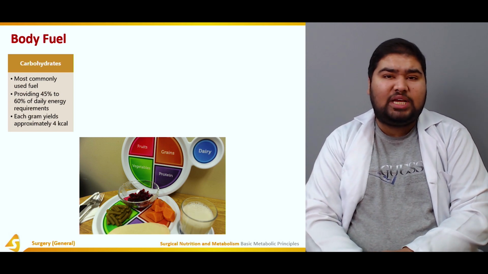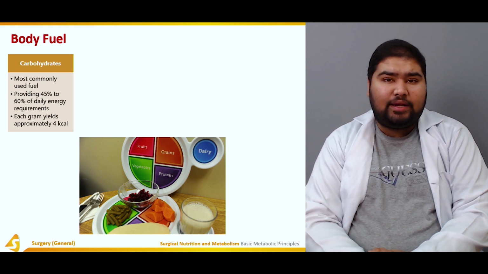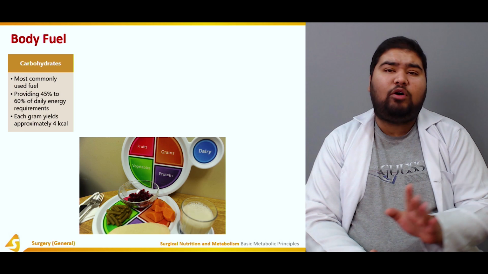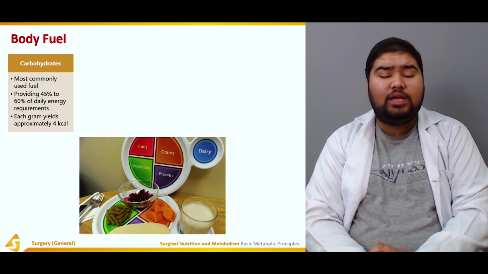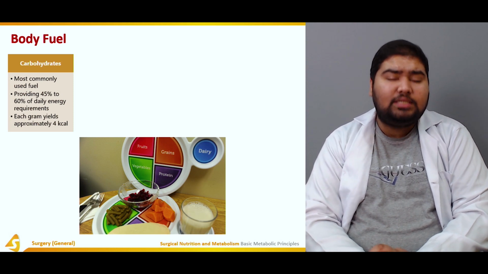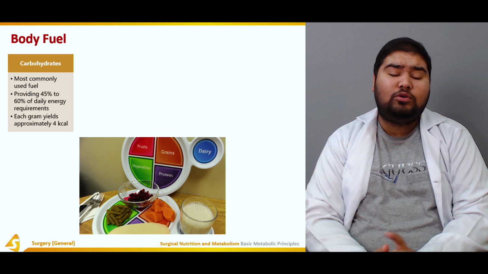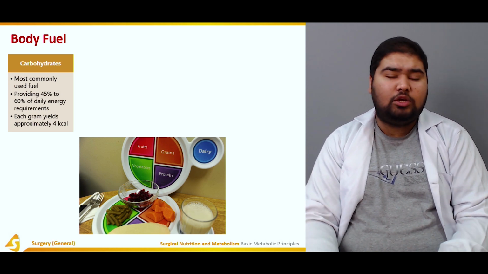Each gram yields approximately 4 kilocalories. So 1 gram of carbohydrate gives off 4 kilocalories.